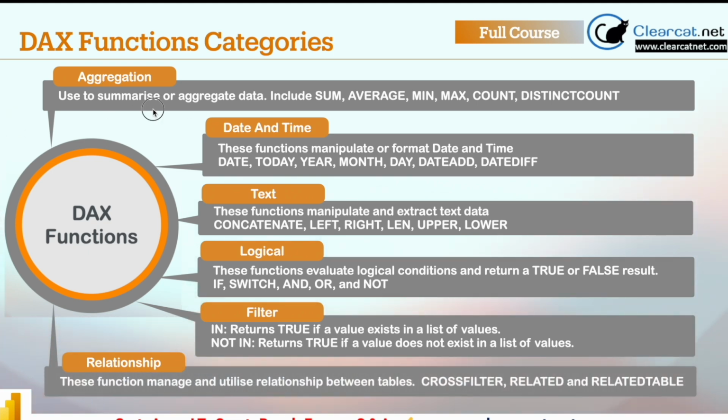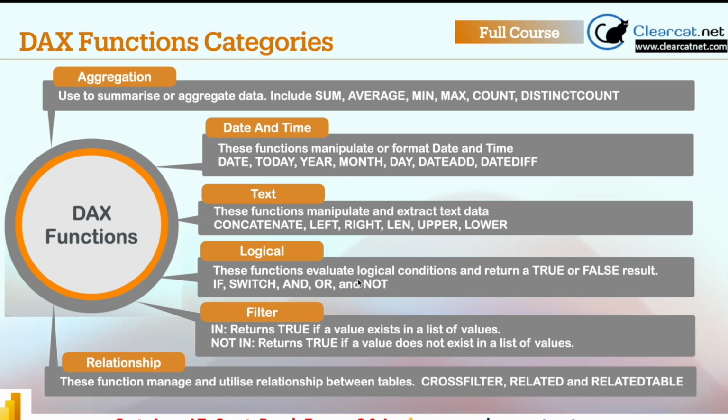Aggregation: used to summarize and aggregate data, including sum, average, max, min, count and so on. Date and time: these functions manipulate dates, like formatting a date, calculating the year from a date, getting the date, finding the quarters. Text: concatenation, left, right, length, upper and lower functions which we can use.